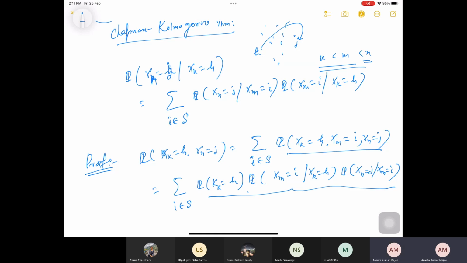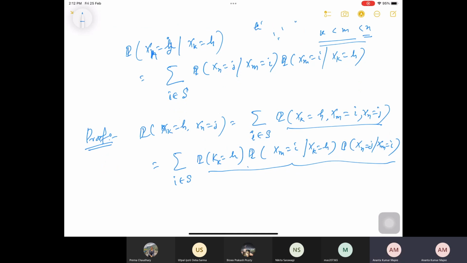So the initial thing you can think of is x_k is equal to h. Is it not? Because here you have only the three time points n, m, and k. So I have this part.